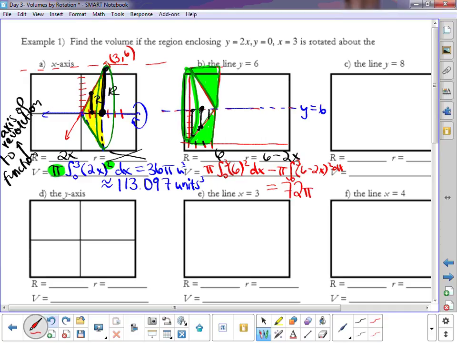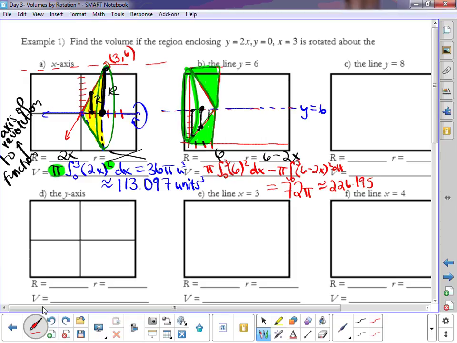Anyone get 72 pi? Good. And again, we can put it in decimal form. In decimal form, we'd have 226.195. Alright, questions with this?